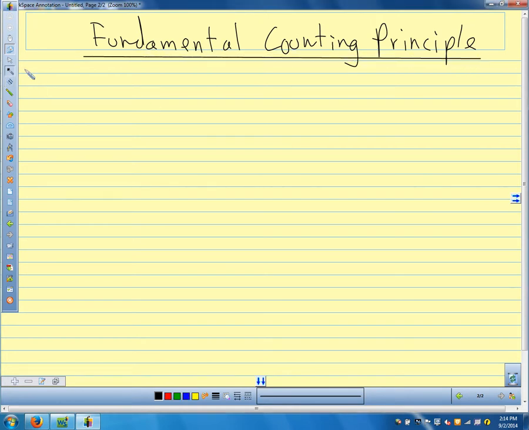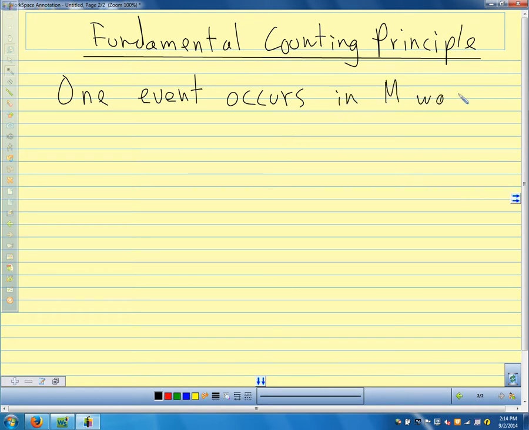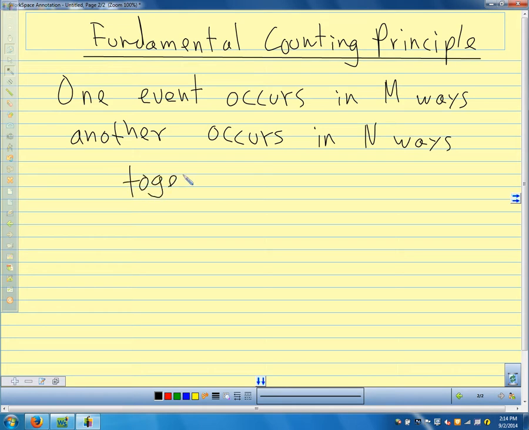So what the fundamental counting principle says is that if one event occurs, and occurs just means happens, so an event is something we're interested in, if one event occurs in m ways, and that's just how many ways it can happen, so we have 3 shirts, so that event could occur 3 ways, and another event occurs in n ways, so that's like our pants, together they occur m times n ways.